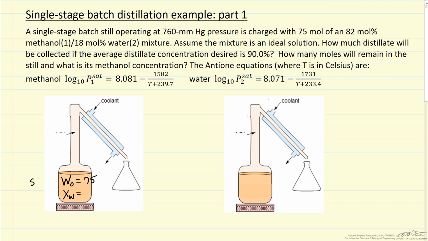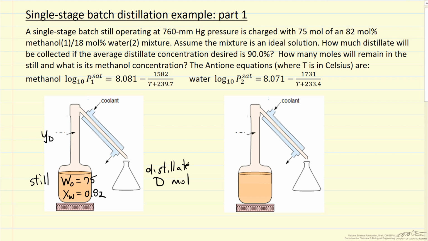So this is the still, and this is the distillate. That mole fraction, we start out at 0.82. The amount of distillate, we'll use the term D. So this is D moles. And the mole fraction above the liquid in the still, we'll call YD. So YD is in equilibrium with XW.